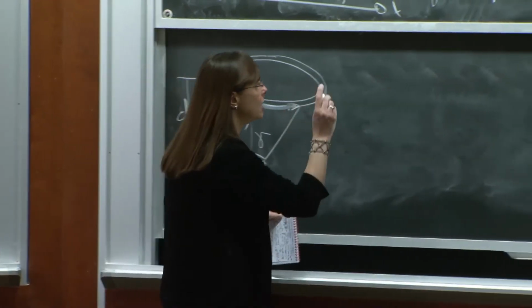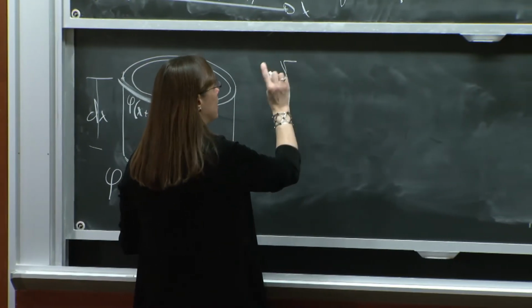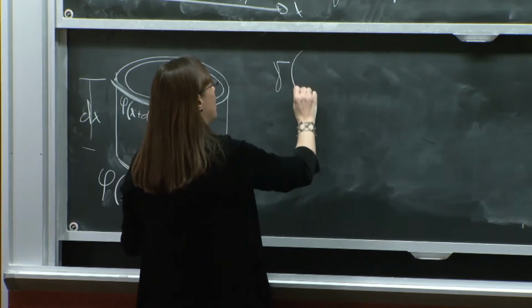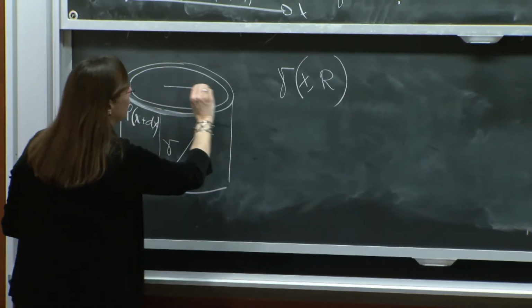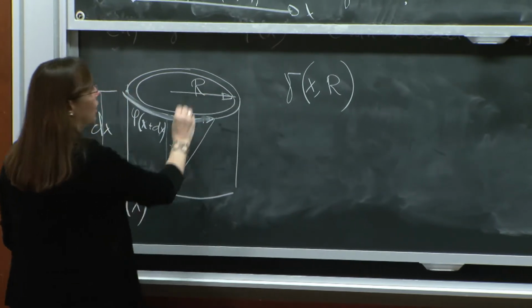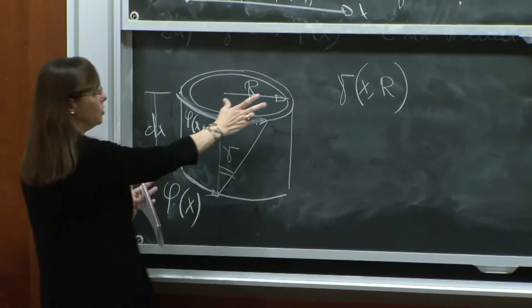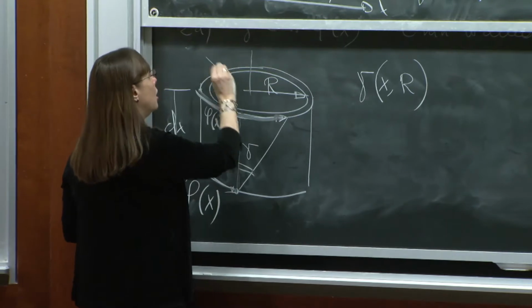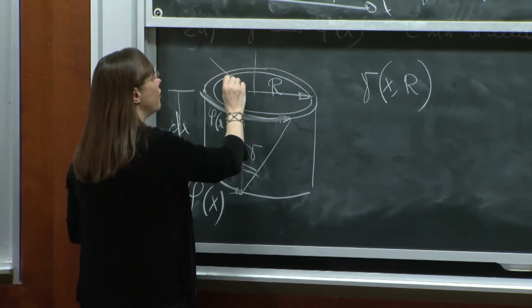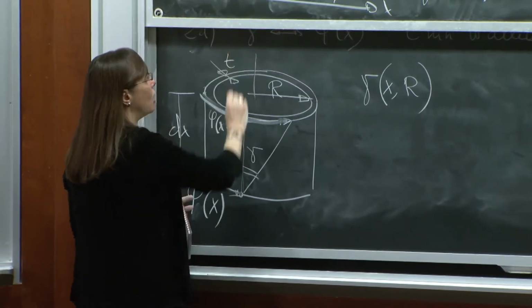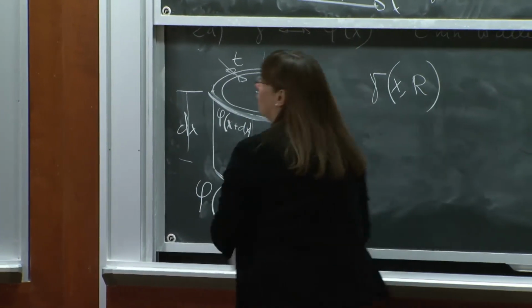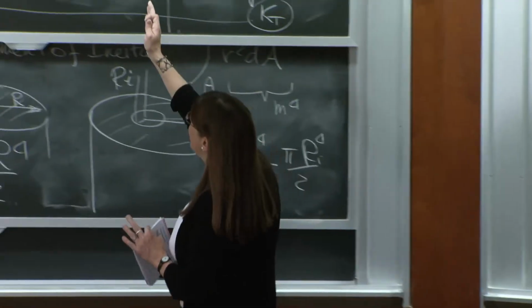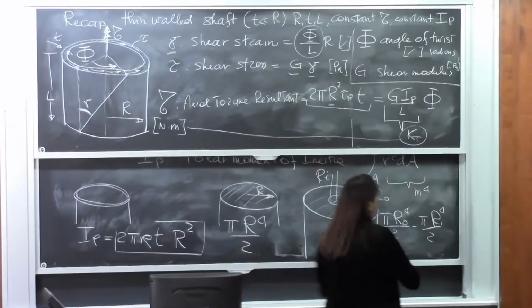Geometry still tells me the same answer. Geometry still tells me that gamma at x and radius r, because now everything is at a radius r, it is a thin wall shaft of radius r and thickness t, is going to be the same as that one.